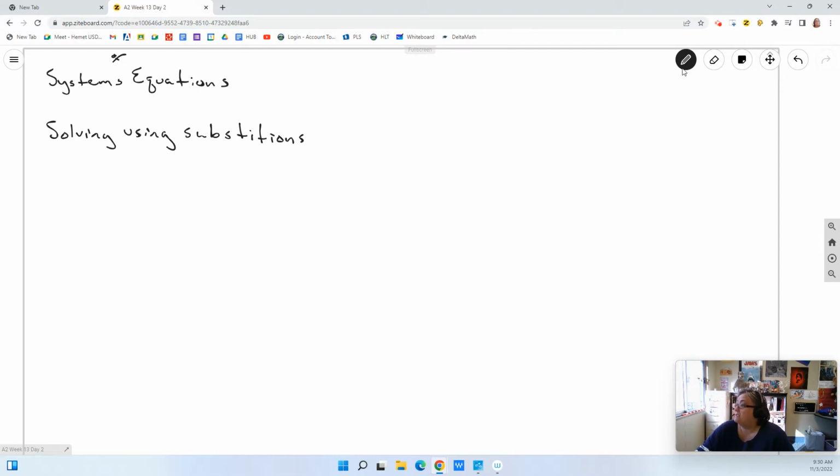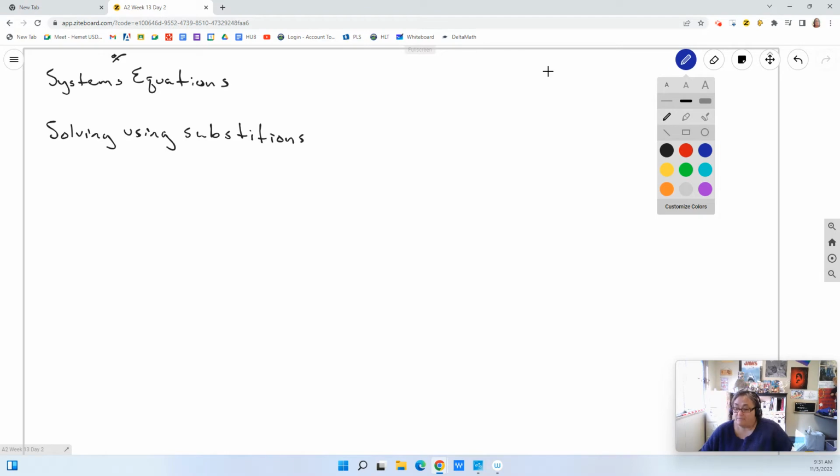And the way substitution works is by understanding what equal means, right?